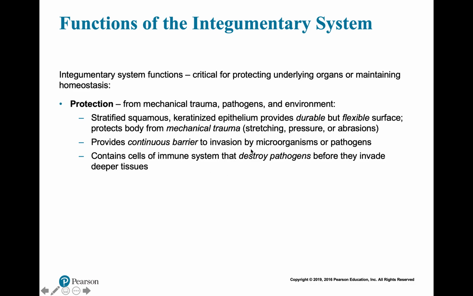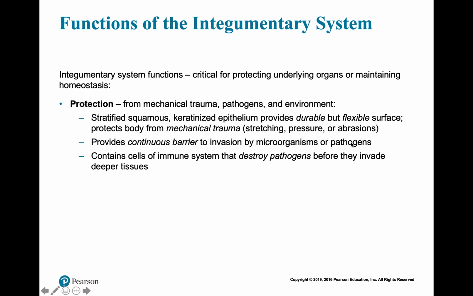Provides a continuous barrier. So not only is having multiple layers of the epidermis good for protection against mechanical trauma, it's also a good barrier between microorganisms or pathogens that we don't want to get inside. So now we have good bacteria, and then we have bad bacteria or pathogens.